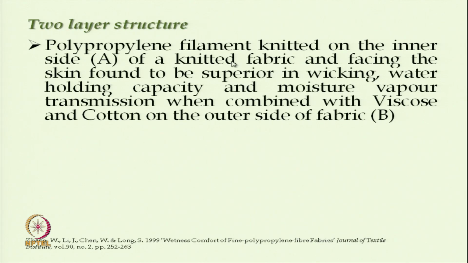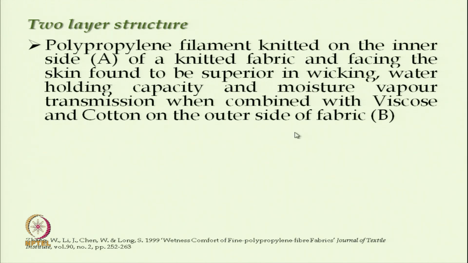So, polypropylene filament knitted fabric on the inner side, that is A, facing the skin, has been found to be superior in wicking, because polypropylene's wicking characteristic is very high, along with water holding capacity and moisture vapor transmission when combined with viscose or cotton in the outer layer.